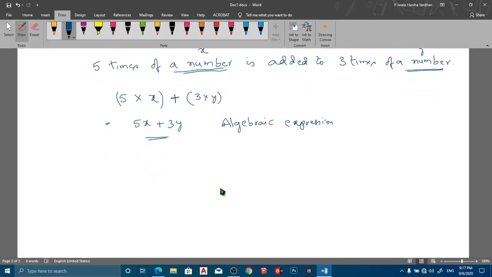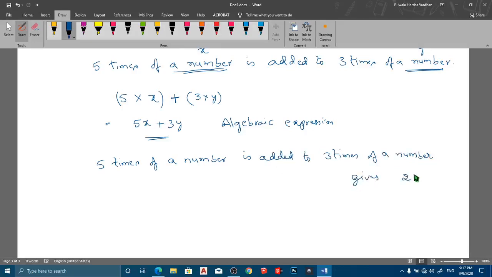Okay. So in the same statement, if I take 5 times of a number is added to 3 times of a number gives 25, for example.